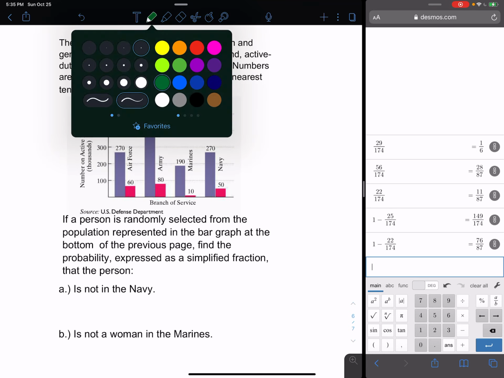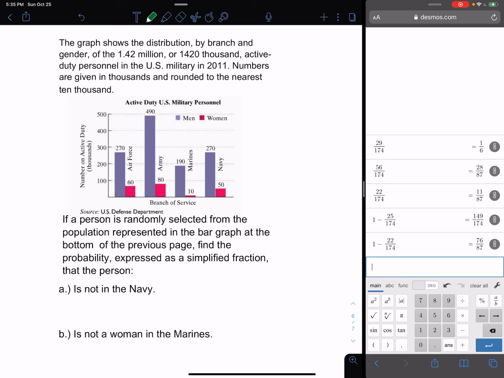So here we actually do have to pay attention to the units. Notice they tell us that the numbers are given in thousands. So when they gave us the total amount, they gave it to us in millions and in thousands. Because all of the other numbers are in thousands, we want to use that 1,420,000 that has the same units, the thousands of people.